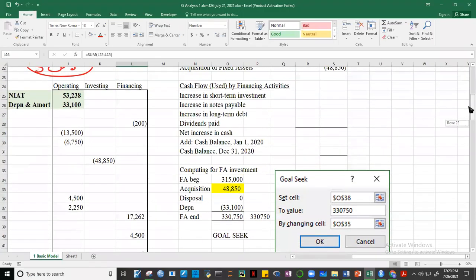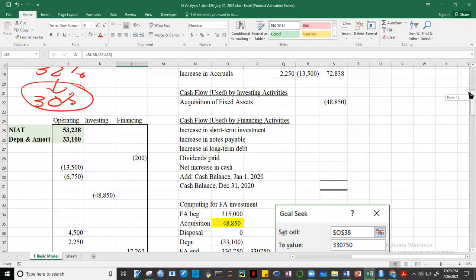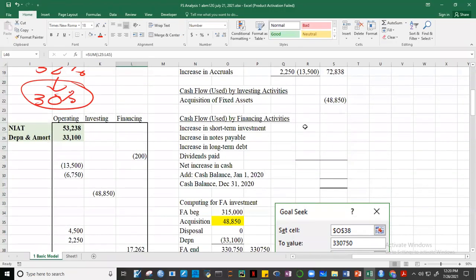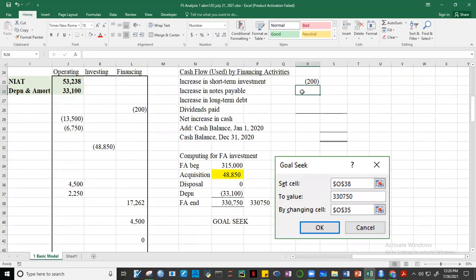Okay, so ano mga siya? Increase in short-term investment. So this will be equal to, ilagay natin 200, okay? Subtotal natin dapat dito yung sa financing. And then we have here, increase in notes payable, and then increase in long-term debt.